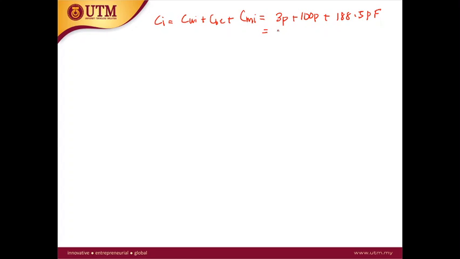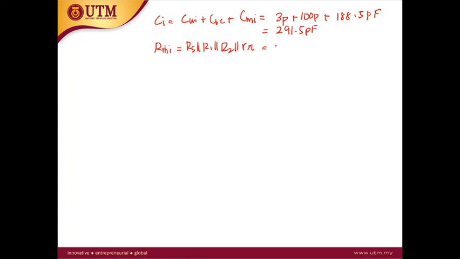So the total is 291.5 picofarad. For the resistance at the input side, the Thevenin resistance is RS parallel with R1 parallel with R2 parallel with r pi.